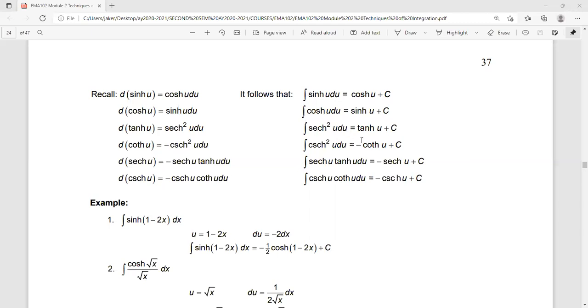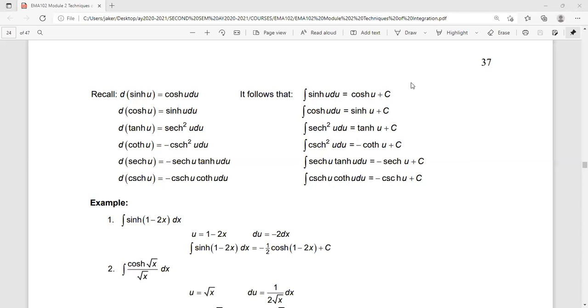For the secant, it's the same as the trigonometric secant also, because when you integrate the hyperbolic secant squared of u, you still have the hyperbolic tangent of u. For the hyperbolic cosecant squared of u, it's the same as in the trigonometric function: you have negative hyperbolic cotangent. For the hyperbolic secant u times hyperbolic tangent u, the integral is negative hyperbolic secant of u.